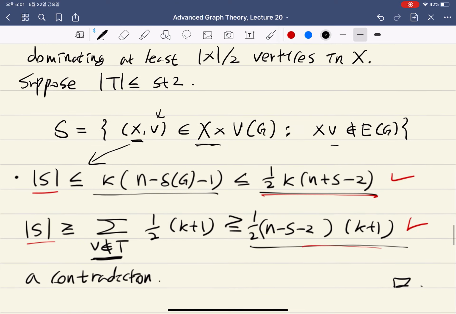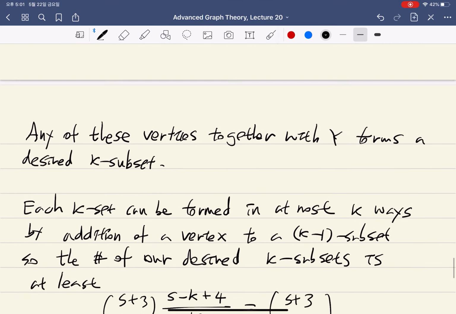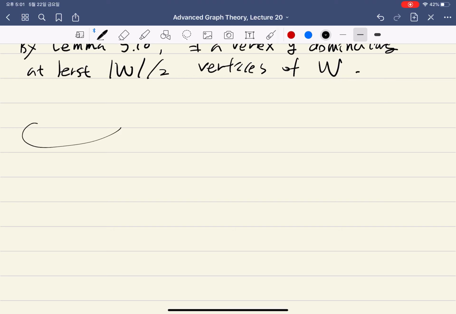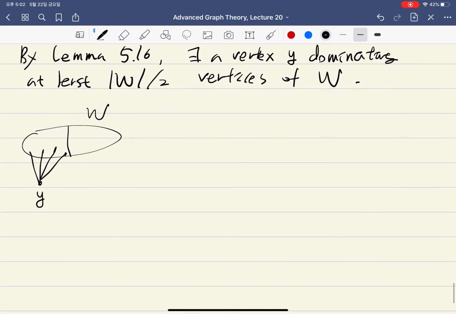So 5.16 says that you can find some vertex dominating half of that as long as this S is non-trivial. Since K is at least 2 here, we can apply that with S at least 1. So you have W, and you can find the Y, which is connected to at least half of them.